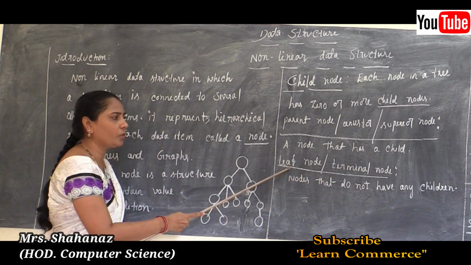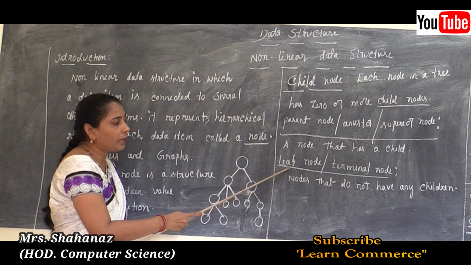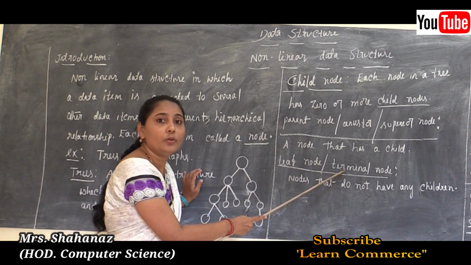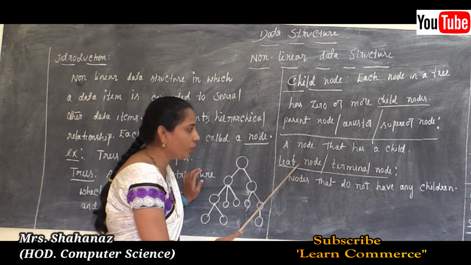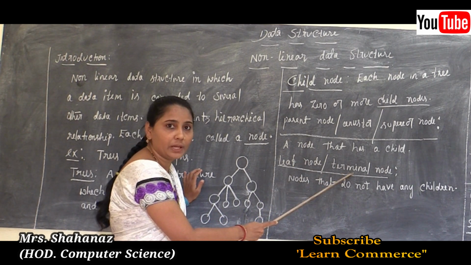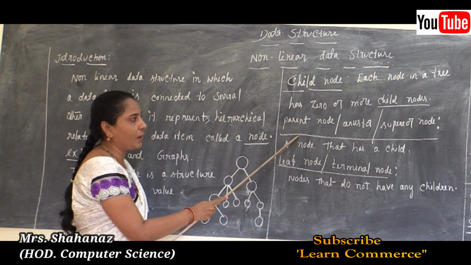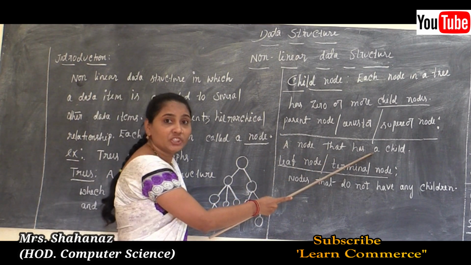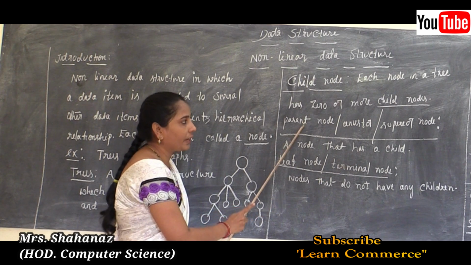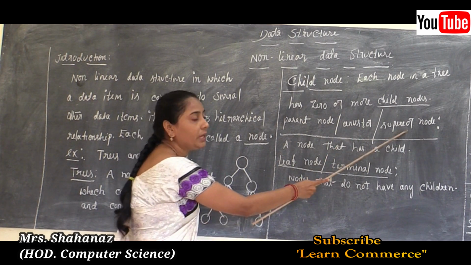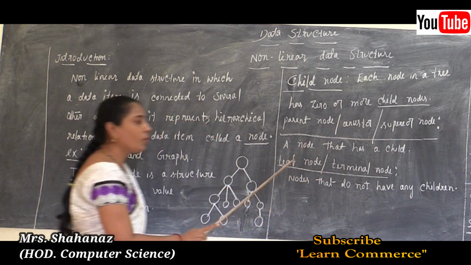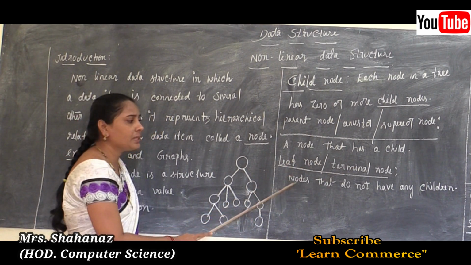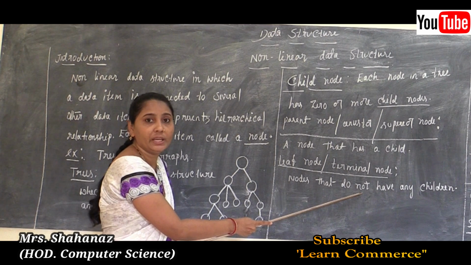Now what's the meaning of the leaf node? The leaf node is also called the terminal node. Now we know the meaning of the parent node: a node that has a child is called the parent node, ancestor node, or superior node. Now what do you mean by a leaf node or the terminal node? That means a node that does not have any children.